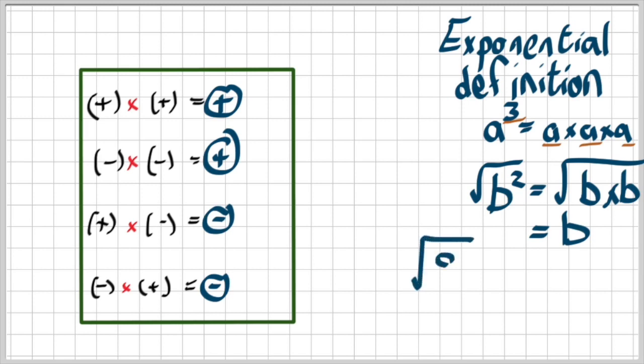Say, for instance, I've got the root of 9. The question is, what number times by itself gives me 9? And that answer is 3. Or you could say it's the square root of 3 squared, which gives me then 3.